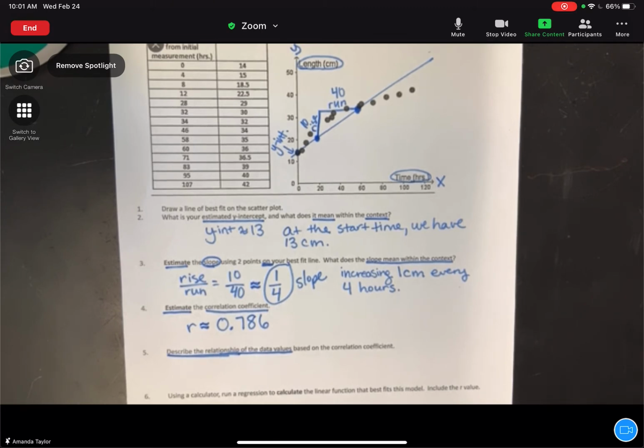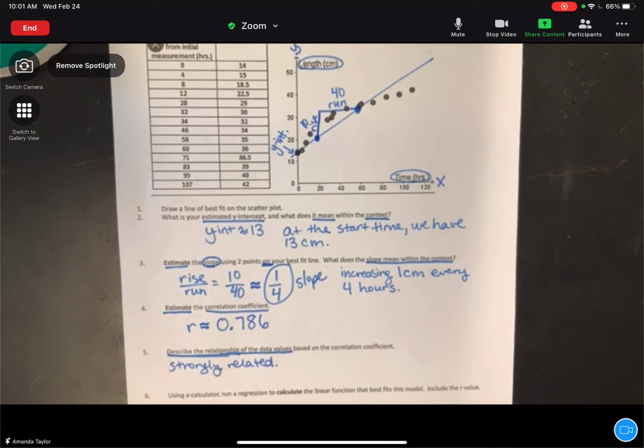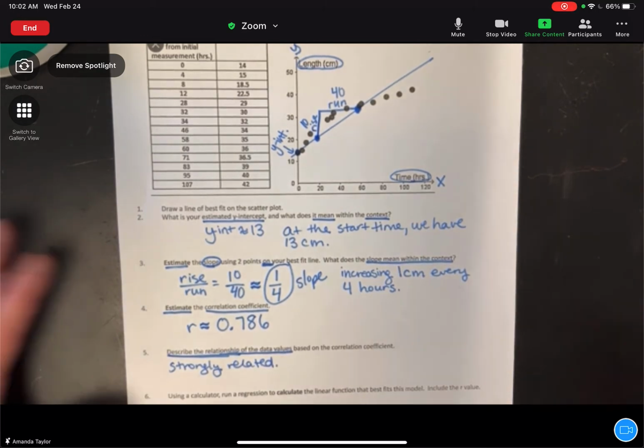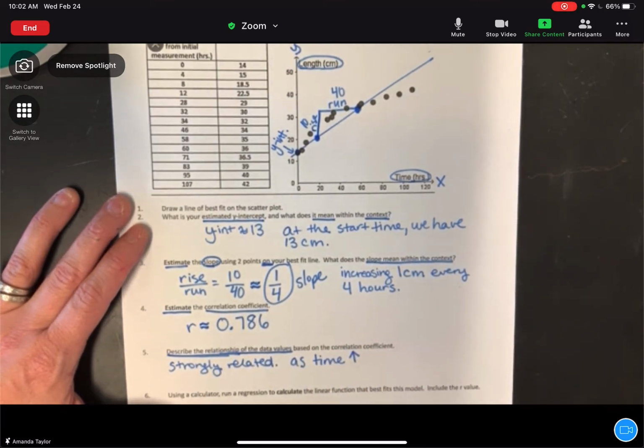The relationship. Okay. So, strongly related. Okay. Let me say this, as time increases, what happens to the centimeters?